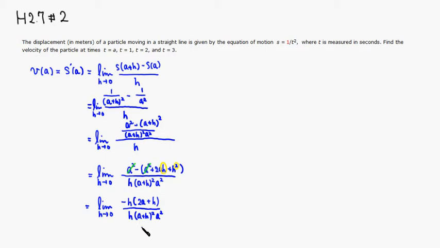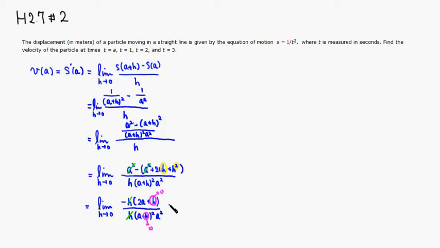Then we can cancel h on top and h on the bottom. We know that h is going to 0, so this h goes to 0 and this h goes to 0.